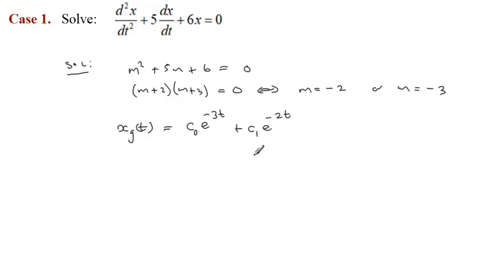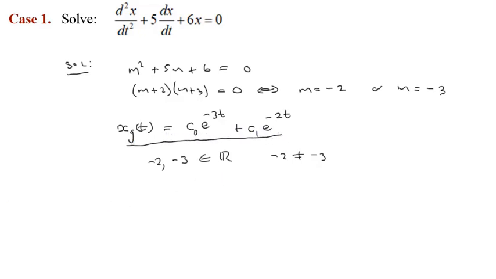What's important here is that we arrived at two different roots, which are real roots. Minus 2 and minus 3 are real numbers, and minus 2 is not equal to minus 3. So we obtain the solution using the roots this way.